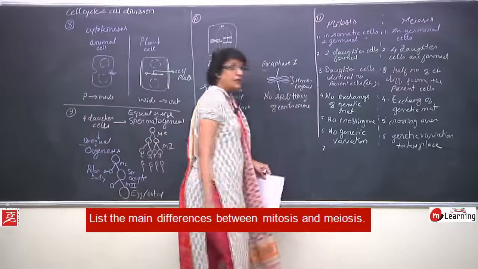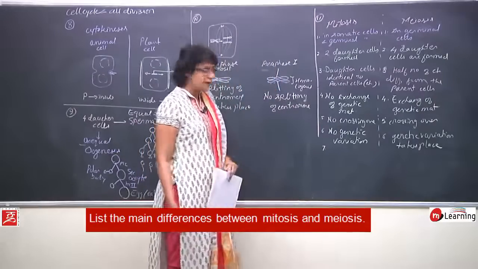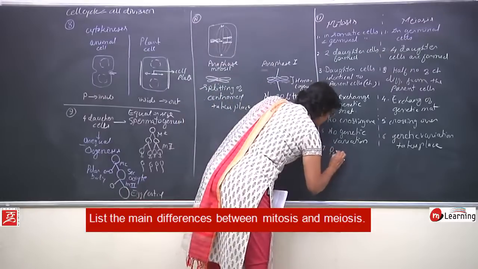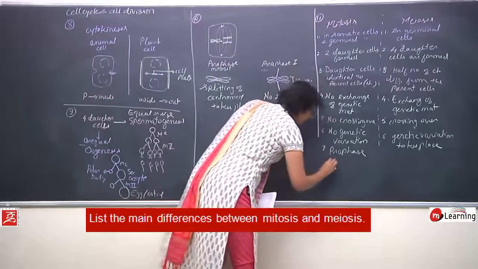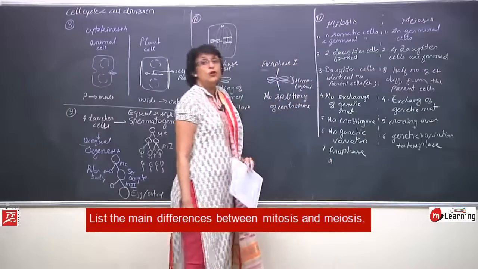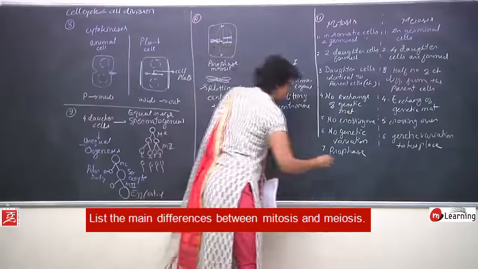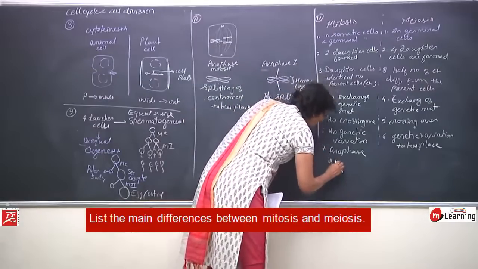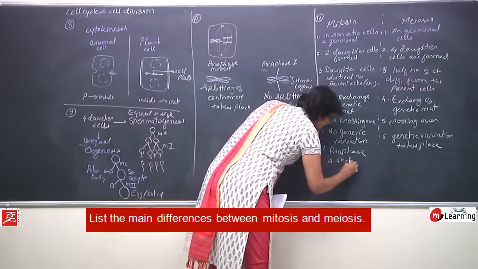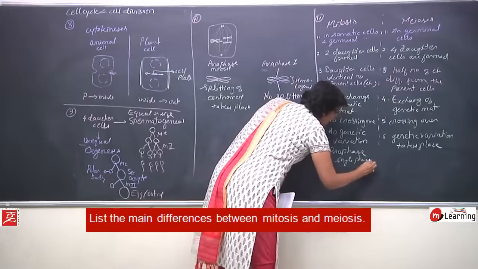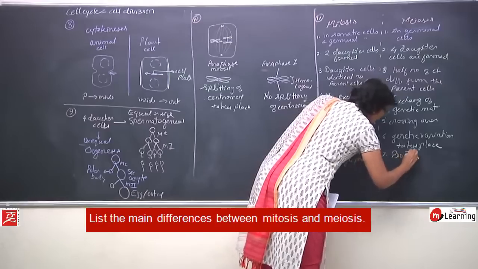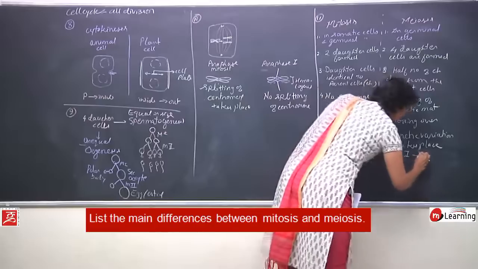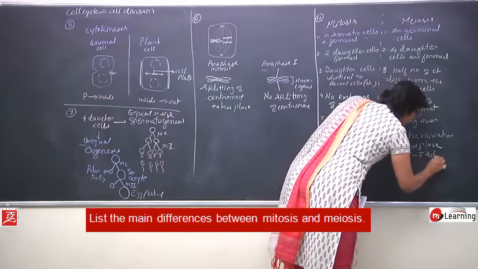Like in case of another point, we can write prophase is not divided into subphases, or you can say prophase is single phase, whereas in case of meiosis, prophase 1 has 5 subphases.